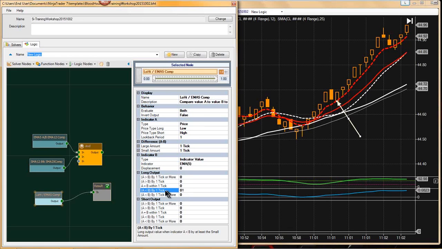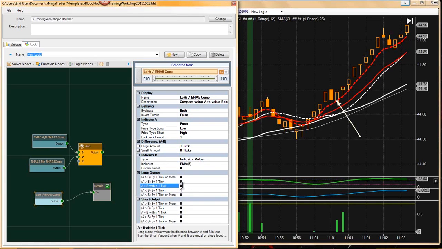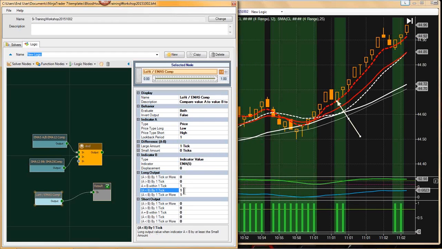And actually, I'm going to change my small amount to 0. There we go. So to get this to work, I got one large amount set to 1 tick and small amount set to 0 tick.